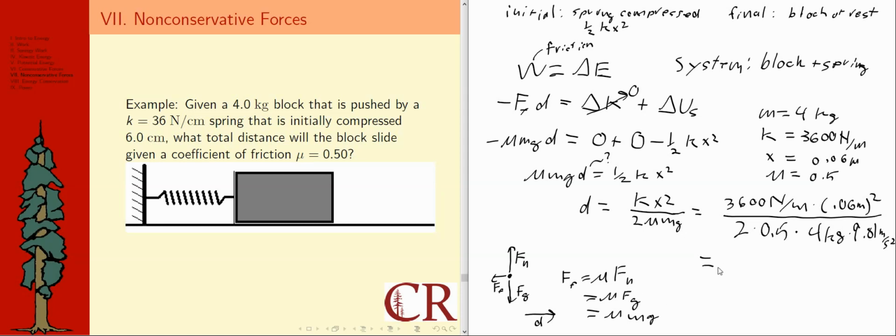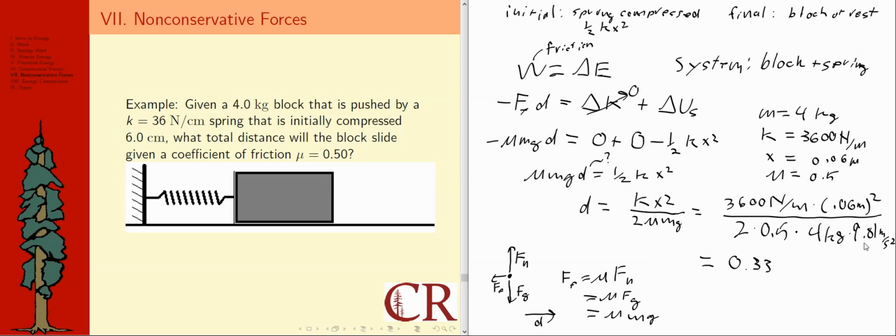All right, in the calculator, I'm going to do 3,600 times 0.06 squared, divided by the 2 times the 0.5 times 4 times 9.81, all that in the denominator. My calculator spits out the number 0.330275, etc. But maybe I can just round that off to 0.33. I think it's going to be in meters.